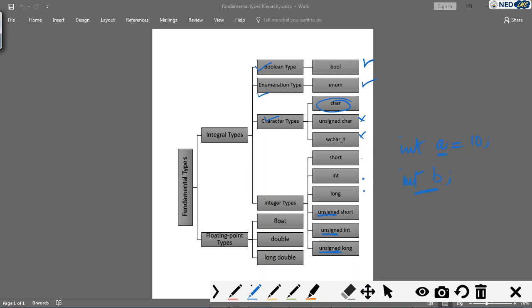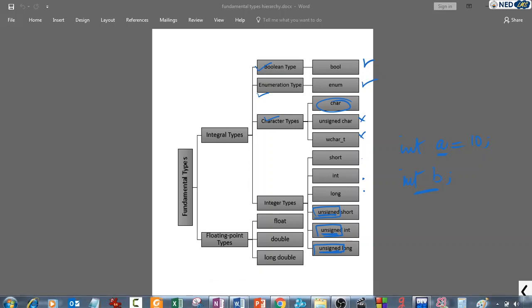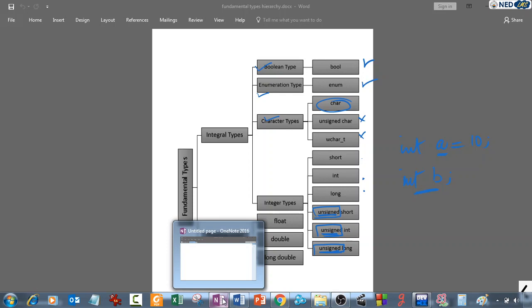But if we use this unsigned identifier right next to it, that variable can only store 0 and positive values. To discuss what the ranges of these unsigned and signed integers are, we need to discuss how the computer represents positive numbers as well as negative numbers internally.